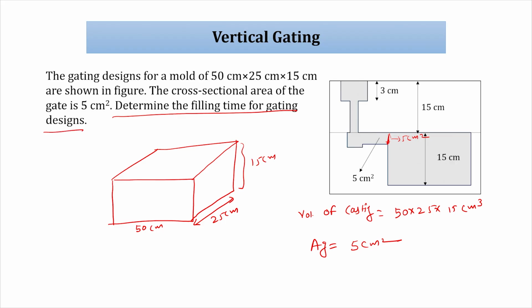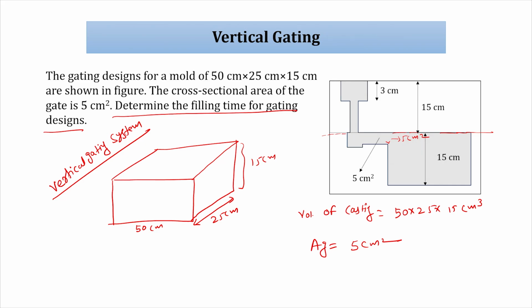So, which type of gating system is this? Top gating, vertical gating system. It is because you can see here we are filling at the parting line, and there is no mold in the cope.